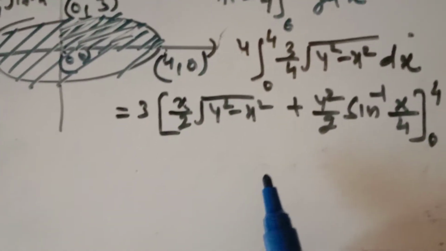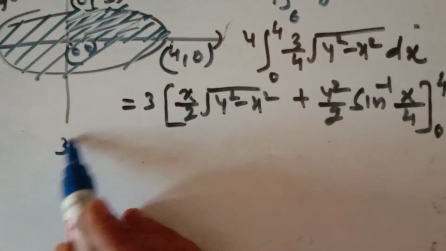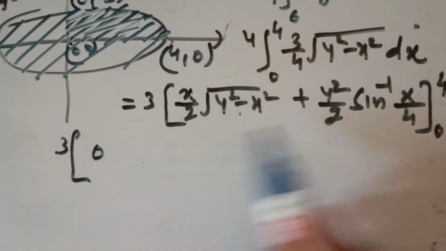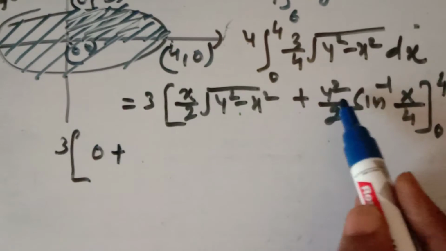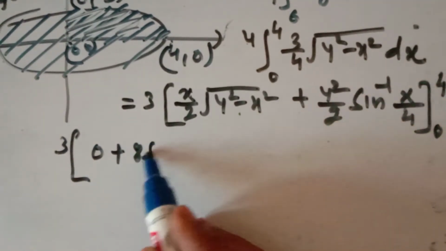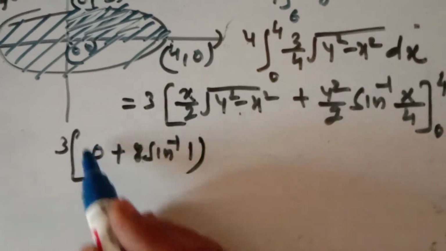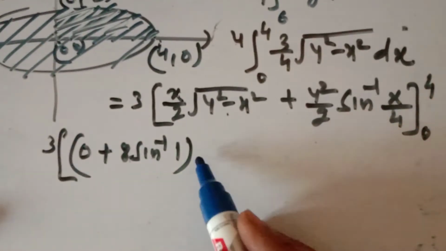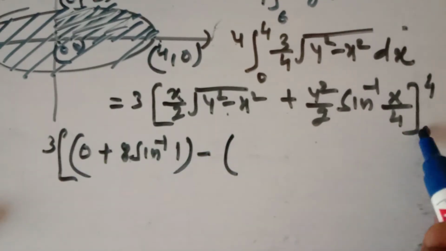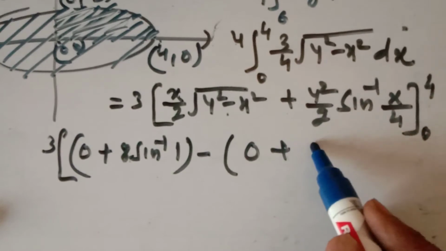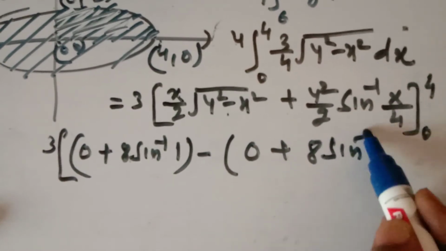Now solve this definite integral. So it will be upper limit 4, 0, and plus 16 upon 2, 8 sine inverse 1. When you put the upper limit for x is equal to 4 minus lower limit, it will be 0 plus 16 upon 2, 8 sine inverse 0.